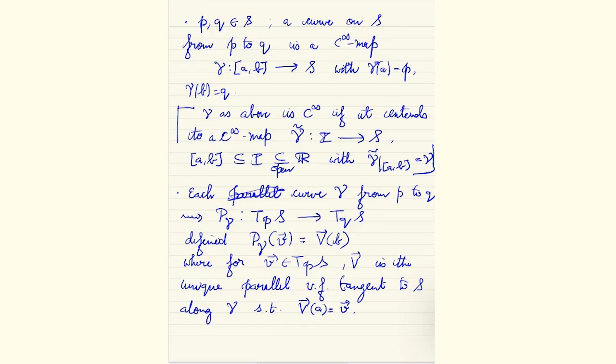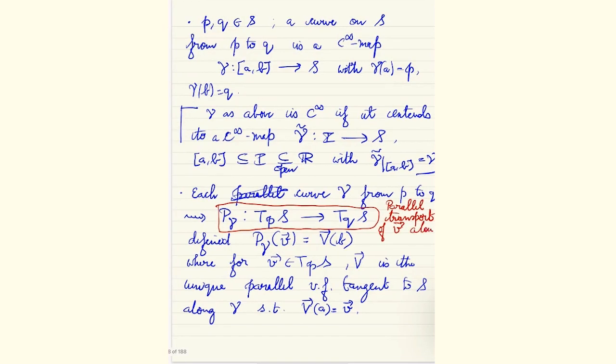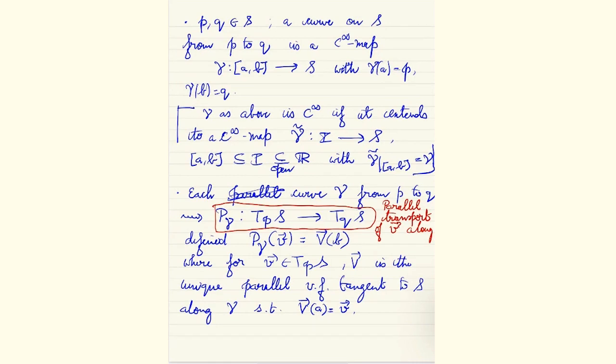And this is called parallel transport of v along the curve gamma to the point Q. So of course clearly it's a linear map between the tangent spaces.